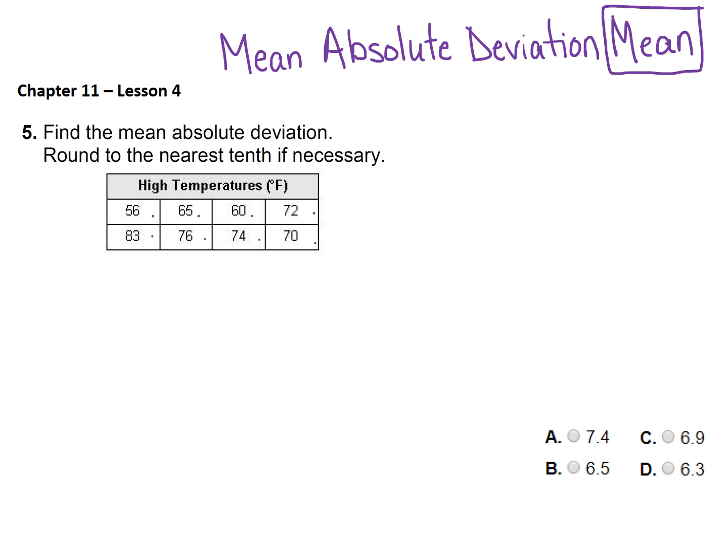And when we add all of those together, we get a sum of 556. And we will divide that by 8 because there's 8 data points. 1, 2, 3, 4, 5, 6, 7, 8. So 556 divided by 8. All right, so that's going to be 6 times 8 is 48.